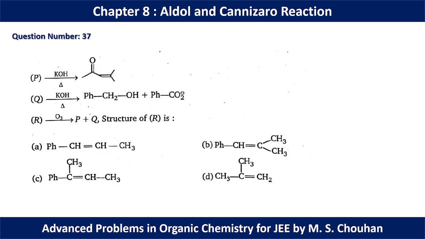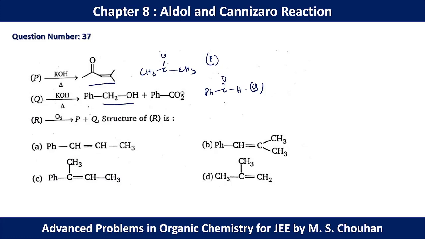In question number 37, if we add KOH, this will be the final product. So it is a case of aldol reaction. So the initial molecule is this. In this case we have a Cannizzaro reaction. So the initial molecule is this. So we have the molecules P and Q after a reductive ozonolysis or oxidative ozonolysis in this case.